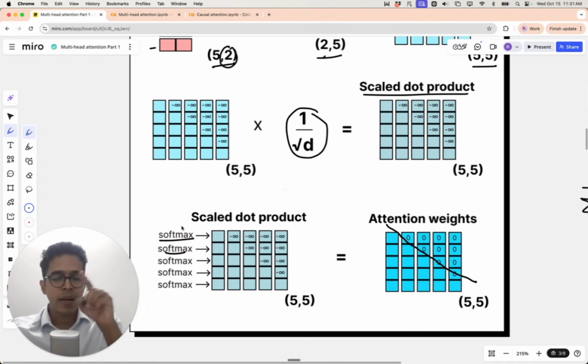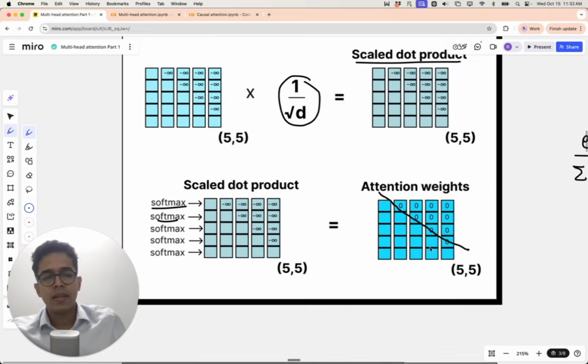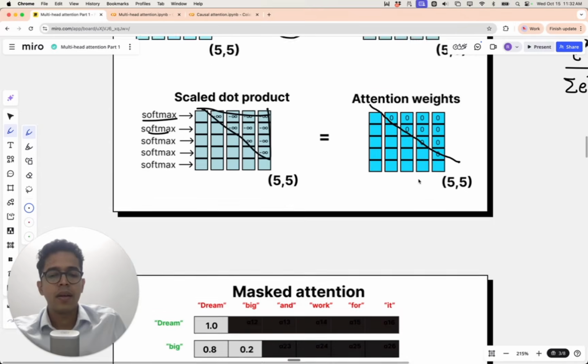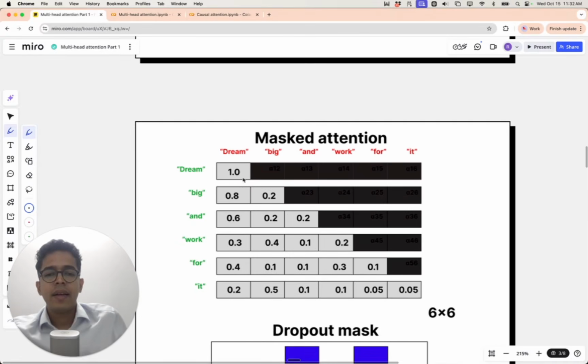Softmax is applied row-wise so that each row will sum up to 1. So this was the masked self-attention, because you are basically applying a mask. Negative infinity in the upper triangle will produce a final output of zeros in the upper triangle. And each of those rows should sum up to 1, because these are normalized attention weights.